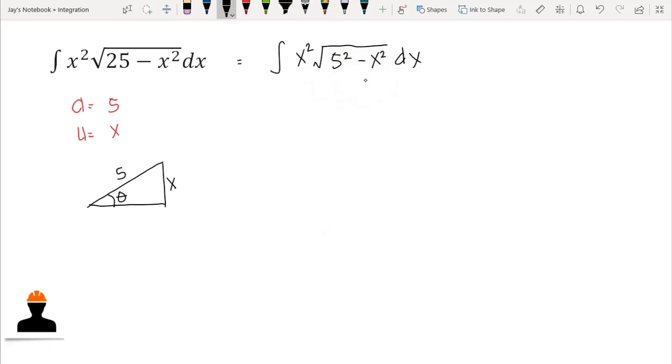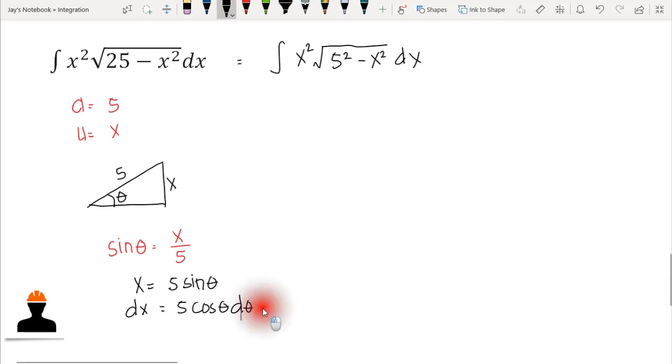So therefore, we could say that this one is sine theta, that is the opposite over the hypotenuse. So we have x here equal to 5 sine of theta, and then you derive x, that is 5 cosine theta d theta. So we substitute this value to our integration because we want to replace this with trigonometric functions.